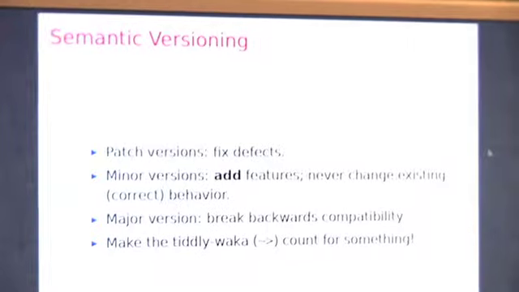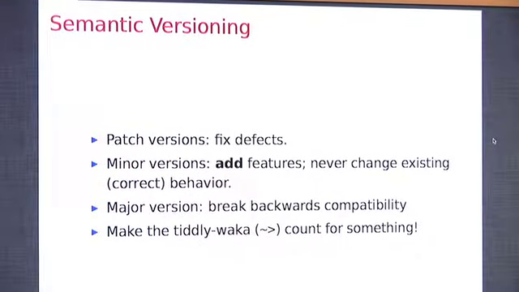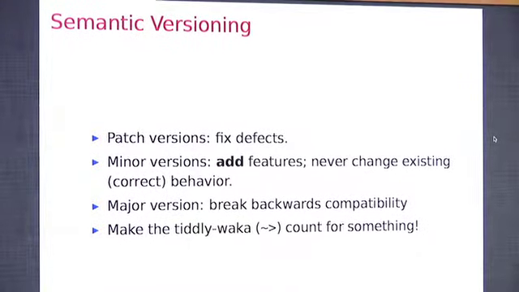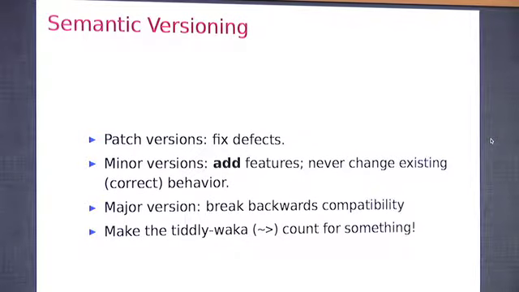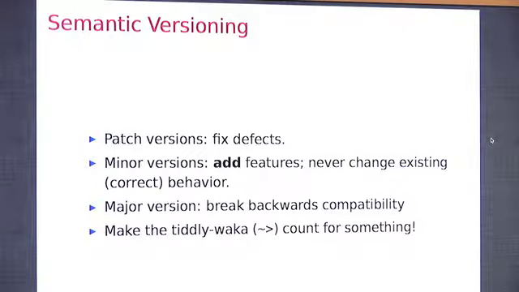Semantic versioning is a wonderful thing. Is everybody here familiar with semantic versioning? So you've got your major number, your minor number, and your patch number. Patch versions are strictly for fixing defects. They shouldn't add functionality. Minor versions are for adding functionality, but they should never break anything that already works or change anything that already works.